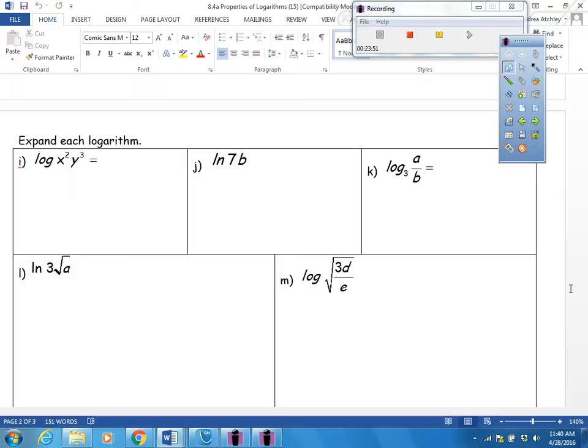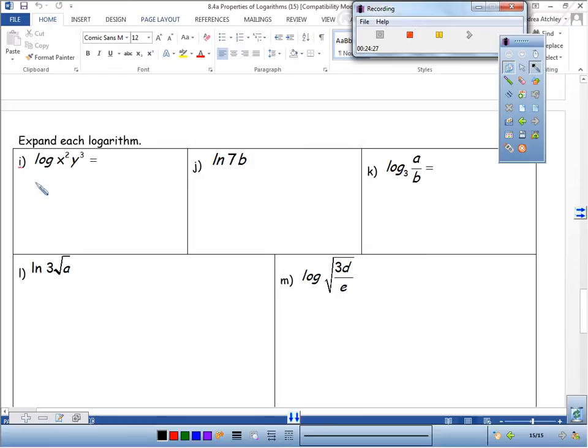Okay, so we're going to expand now. So they wanted us to write it as a single log first, and now they want us to expand it. So this is going to be the log of x squared plus the log of y cubed. Then we have to take the 3 and move it to the front, and the 2 and move it to the front.